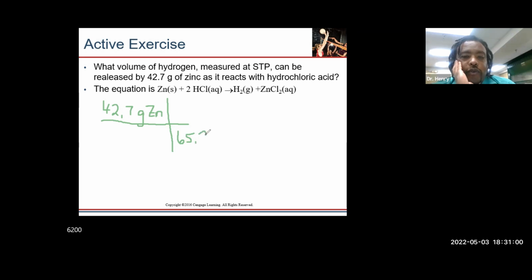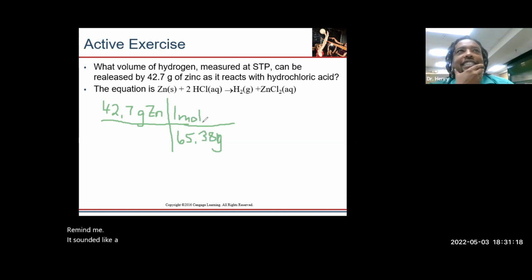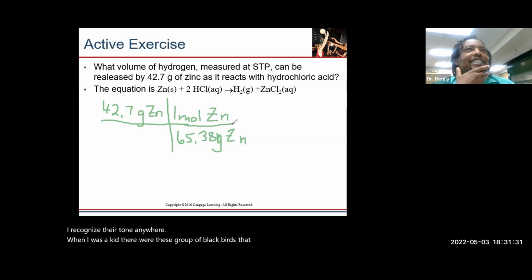So here's a pet crow. That's what it sounds like. There might be a bird out my window. Did it sound like a crow? It sounds like a crow or a blackbird. I recognize their tone anywhere. When I was a kid, there were these blackbirds that used to chase me to school.